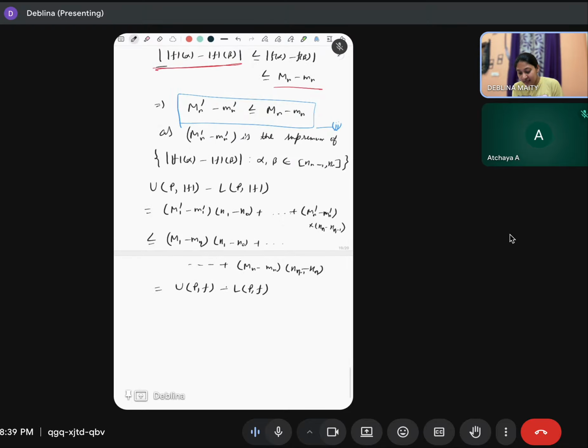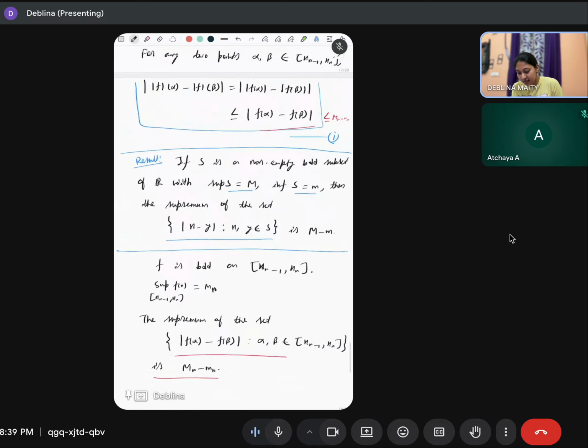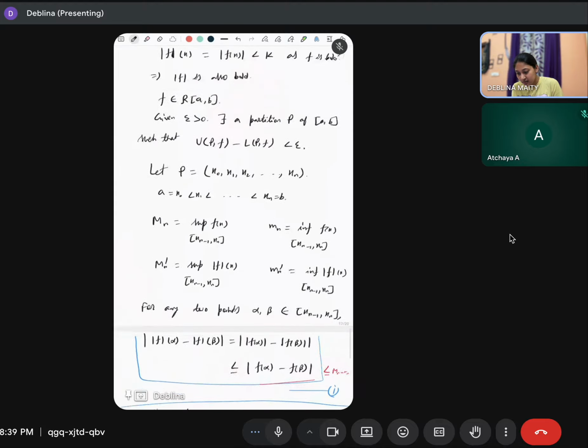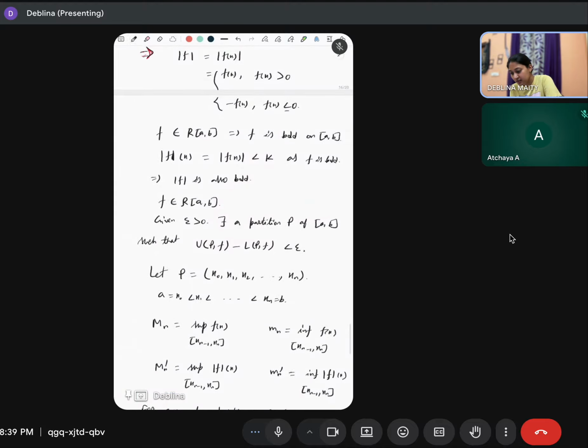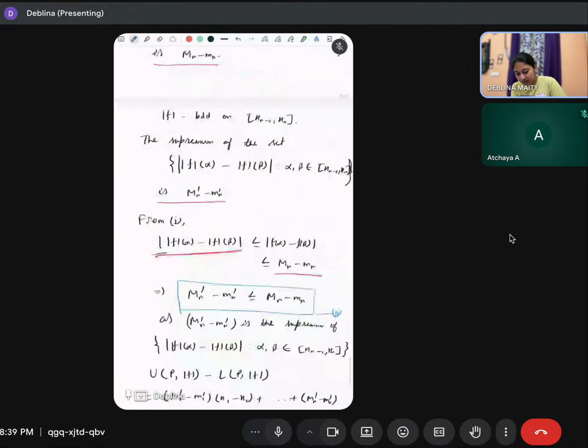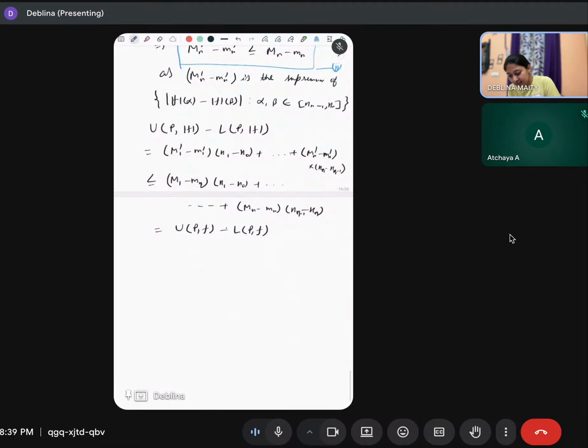And this f was Riemann integrable, so U(P, f) minus L(P, f) was less than epsilon. So this is less than epsilon.